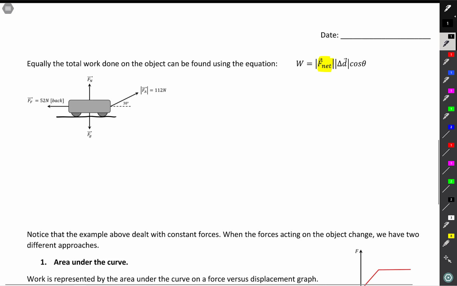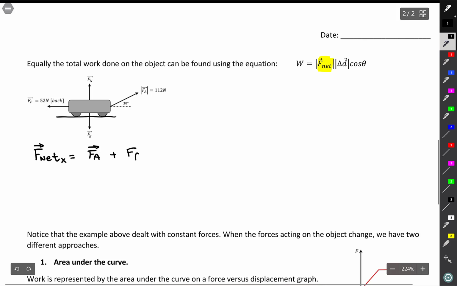So I'm going to say that my F net x is going to be the result of my two vectors. My two vectors in the horizontal direction are FA plus FF. And I'm actually going to add in some directions here.